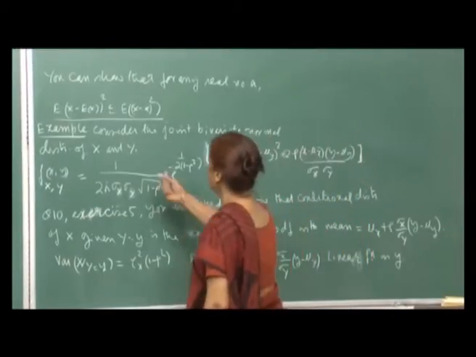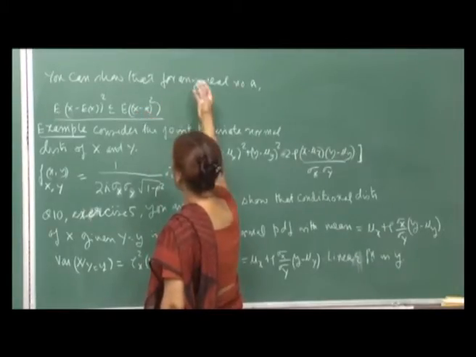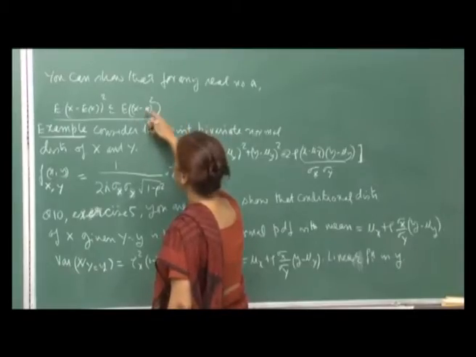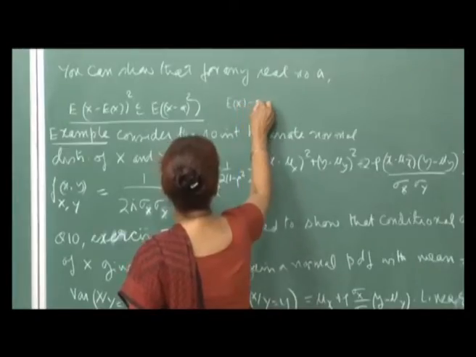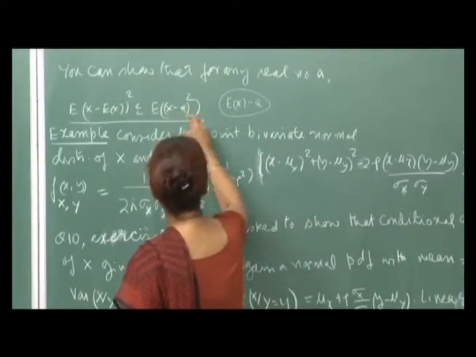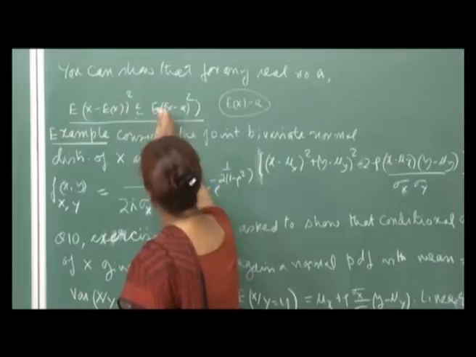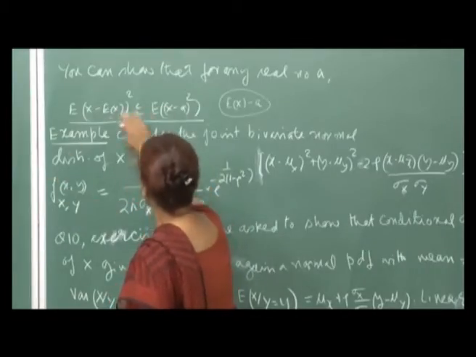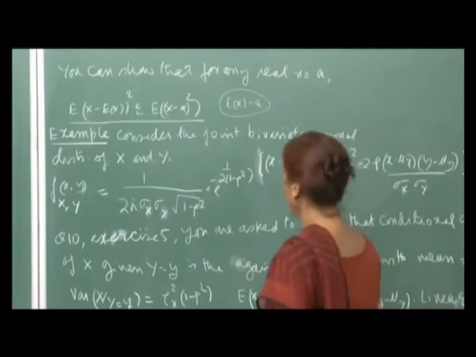You will do the same thing here: write x minus E x plus E x minus a, open up the square and so on. Then E x minus a is a constant, so when you take the expectation of the product term, it comes out, and the second factor is the expectation of x minus E x, which is 0. For the same reasoning you can show that this is always less than or equal to this, for any real number a.